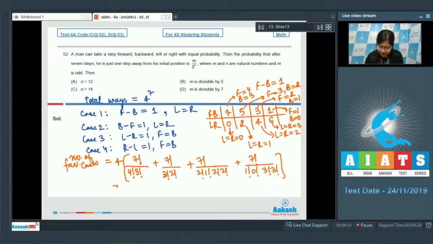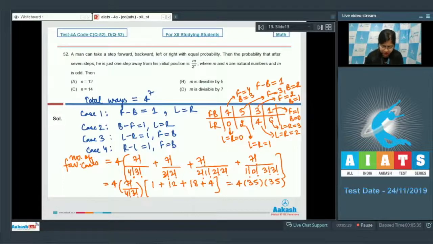Now this is equal to 4 into, let us take 7 factorial by 4 factorial into 3 factorial common. So this is 1 plus 12 plus 18 plus 4, right? So the required probability is equal to 4 into 35 into 35.